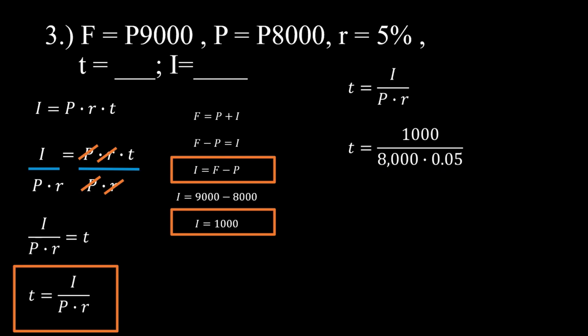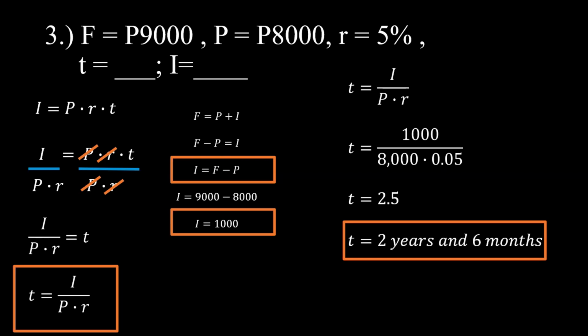That is the decimal value of our rate, which is 5%. And doing our computation, we have here 2.5 years, or this is just 2 years and 6 months. So in 2 years and 6 months, your 8,000 pesos will become 9,000 pesos with an interest of 1,000 pesos.